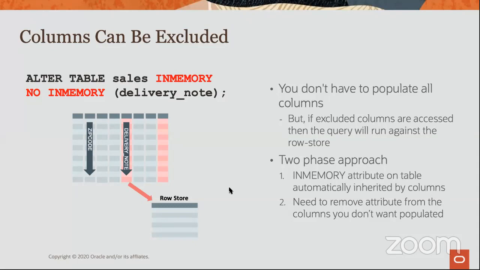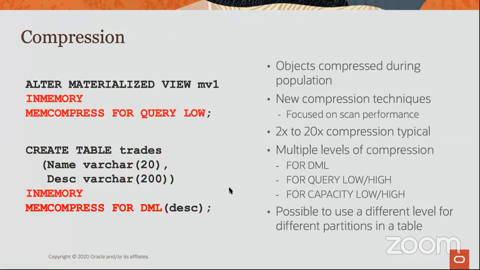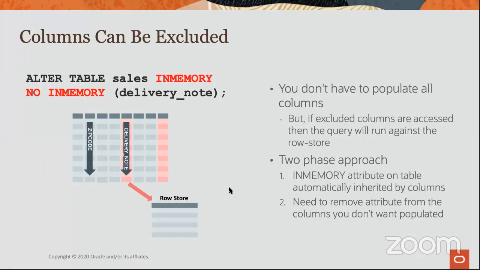So the query will still run, but if you've excluded columns and then specified in queries those columns that you've excluded, we'll just go to the row store to get those values. So the queries will still run. You just won't be able to take advantage of Database In-Memory for those queries that access columns that you've excluded. But it's a way to, again, conserve memory. So we've got different compression levels here. And then you can also exclude columns from population.